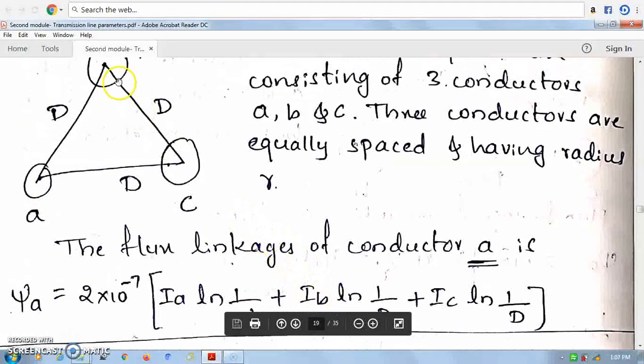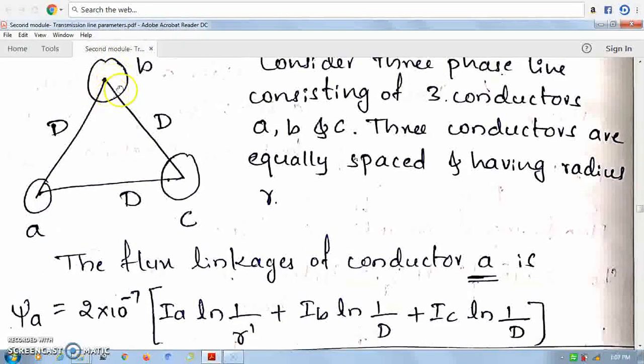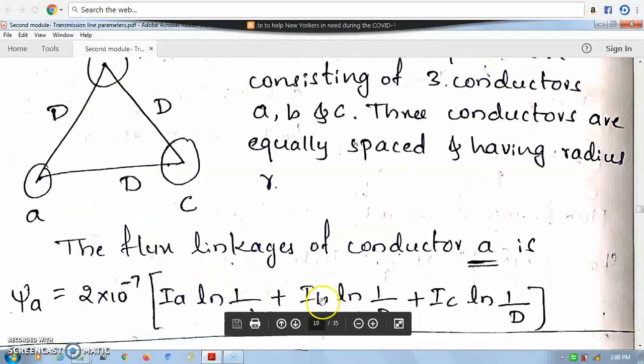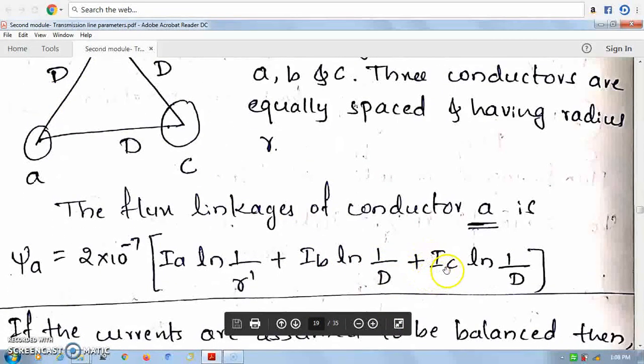Due to the conductor B there is a flux on conductor A, where the current flowing through conductor B is IB. Due to that current there is a flux linkage on conductor A, therefore we take IB ln of 1 by D, the distance between these two conductors, plus IC.